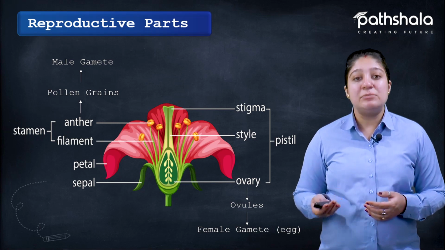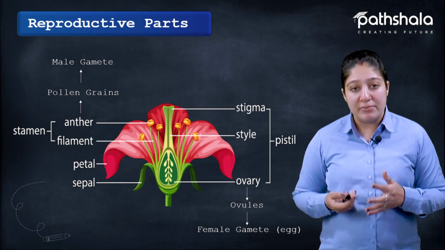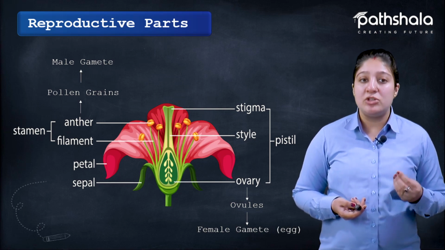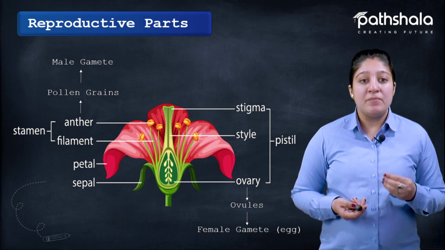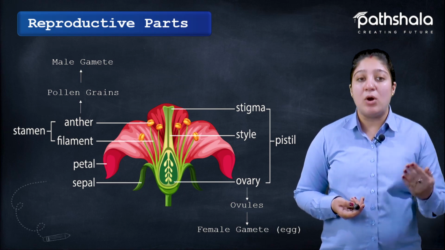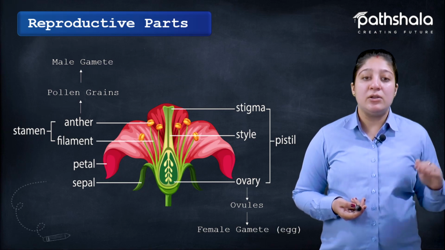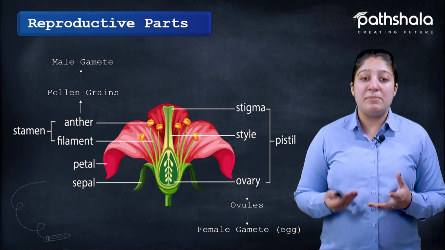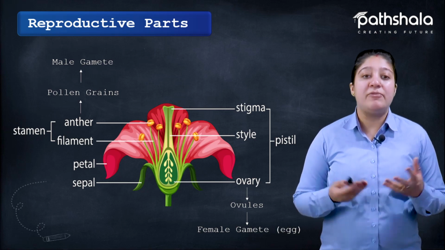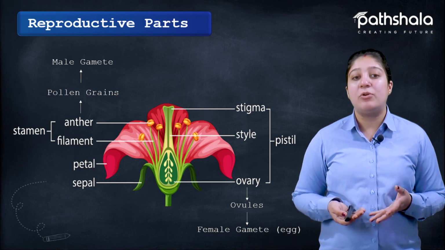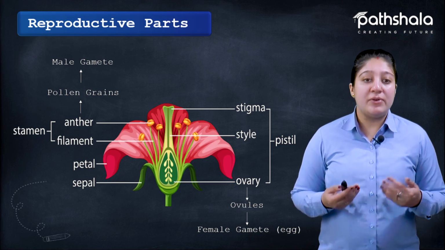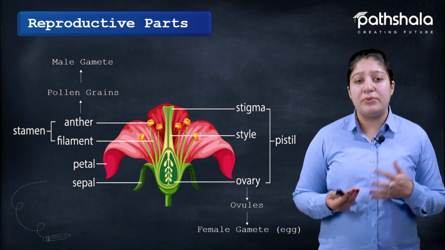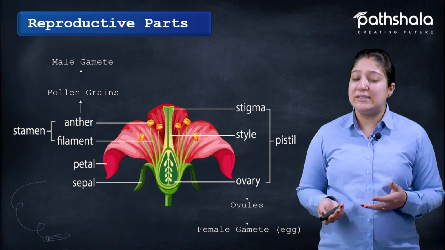Now the other part is the pistil, which is also known as the female reproductive part. It consists of the stigma. It is the sticky part on which the pollen grain sticks. The style is like a tube through which the pollen tube goes to the ovary, and the ovary is the main part where the female egg cell is present, where the fertilization process or further reproductive process takes place, so that the ovary converts into the fruit at last, and as a result seeds are formed.